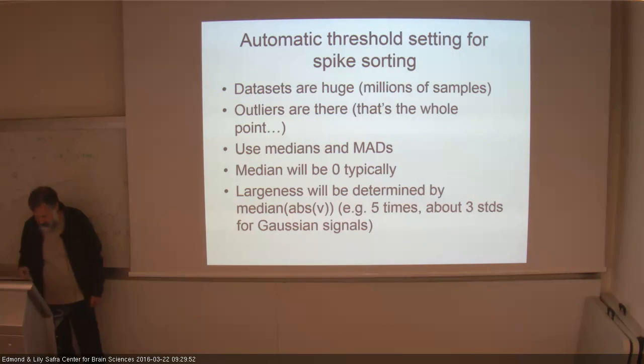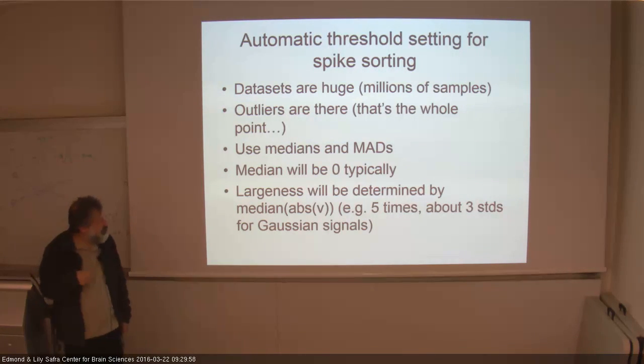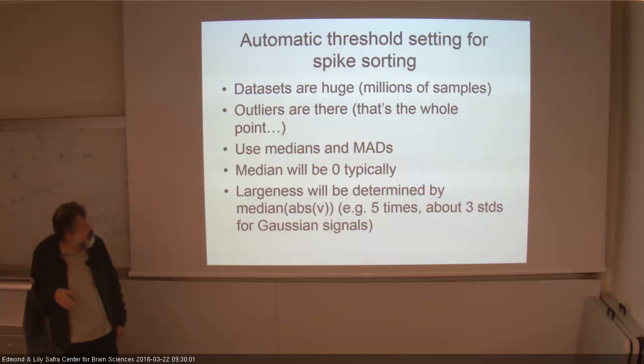Now, what does it mean for spikes? That's spike sorting. We want to automatically threshold spikes, and we are going to have millions of samples. Just to give you an example which is not atypical, we record every day a few hours' worth of data from 32 electrodes at 24 or 25 kilohertz.